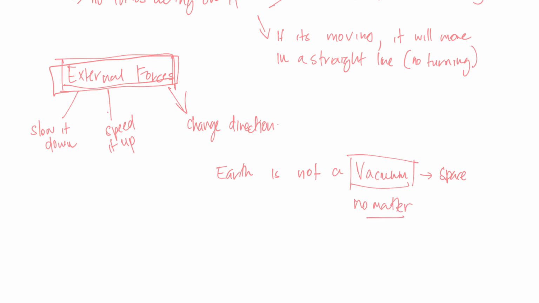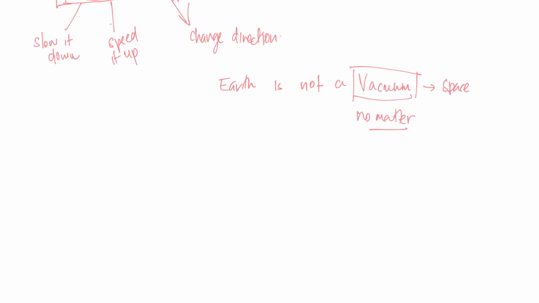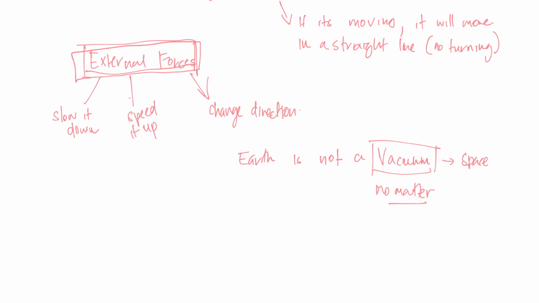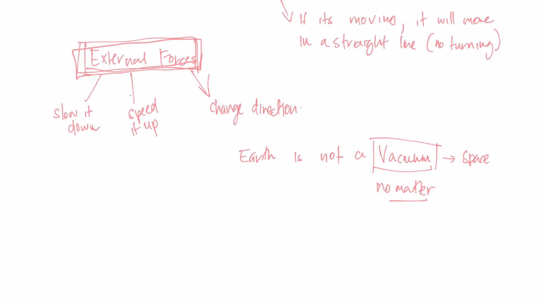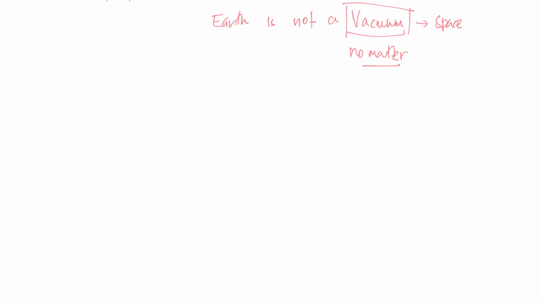Earth has matter and atoms and molecules and so on. So when we do Newton 1, we will look at scenarios where we have external forces, and we can see how these external forces affect each scenario.